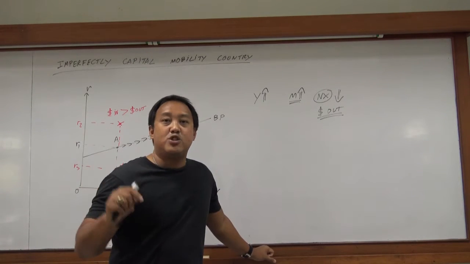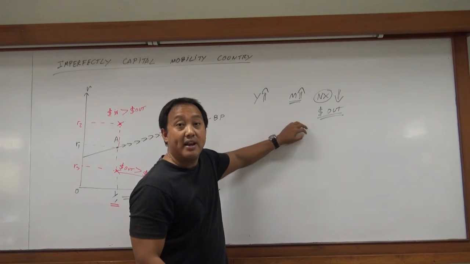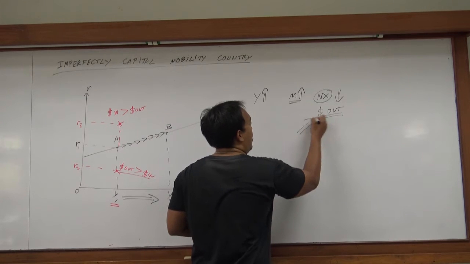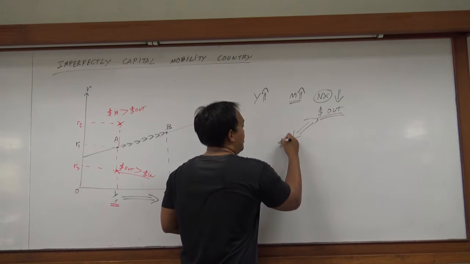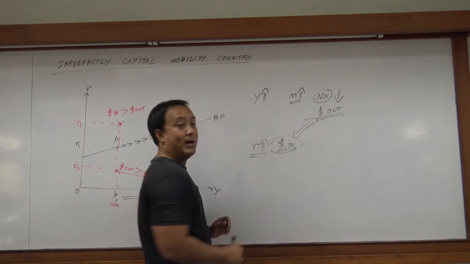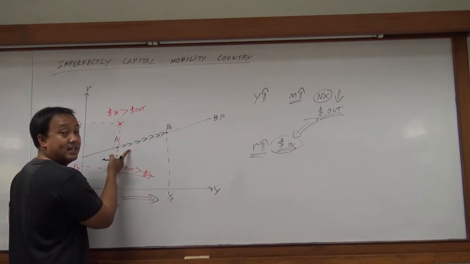We have to do something to make the money flow in, to offset this. How do we make the money flow in? We need to increase the real interest rate. That's why it keeps going up like this.